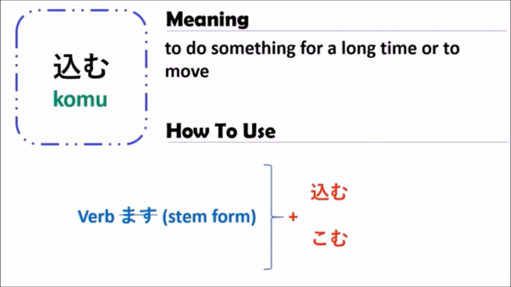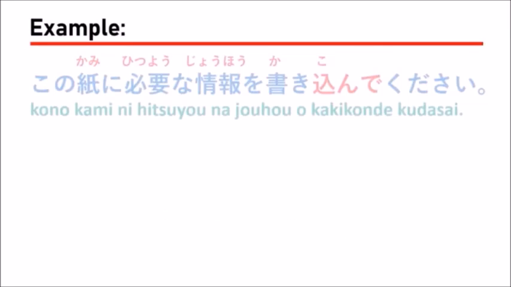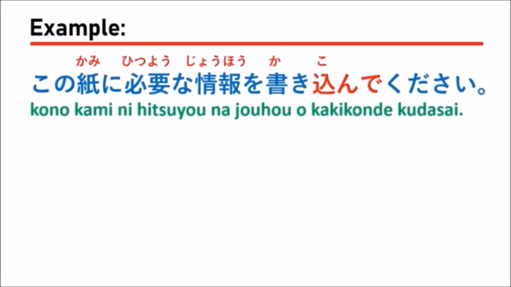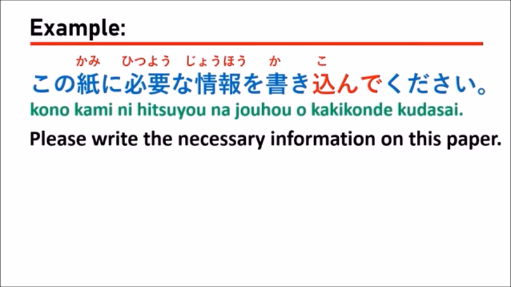So next, to understand better how to use the grammar of komu, we are going to see some samples. The first sample, この紙に必要な情報を書き込んでください。Which means, in English, please write the necessary information on this paper.